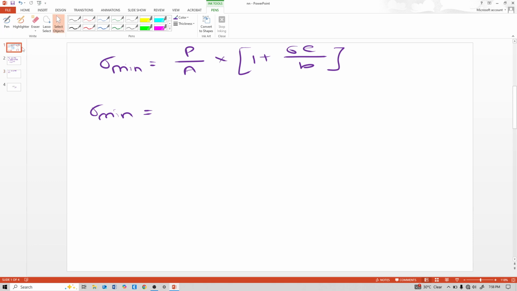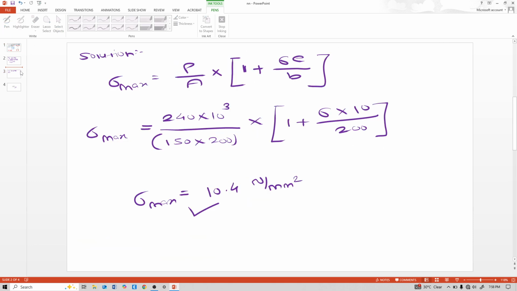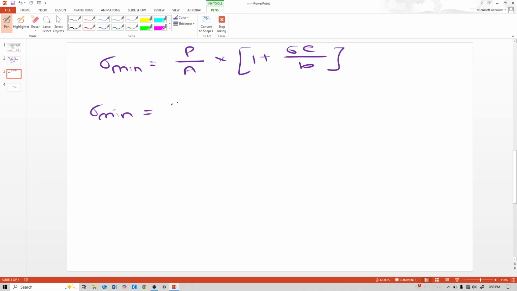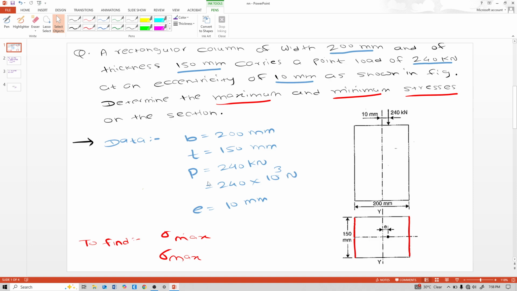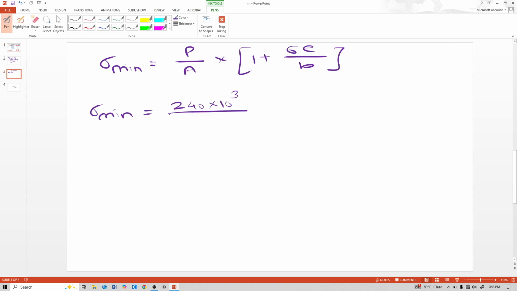Again P is 240 into 10 raised to 3, divided by the sectional area of that column, 150 into 200, into 1 plus 6 into eccentricity 10 mm, over width 200 mm. Sorry, see here again this is not plus, for minimum stress it is minus.